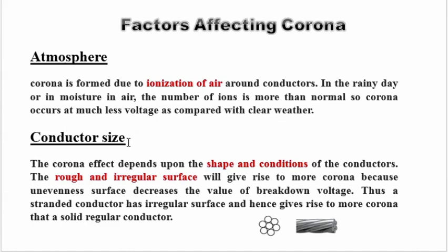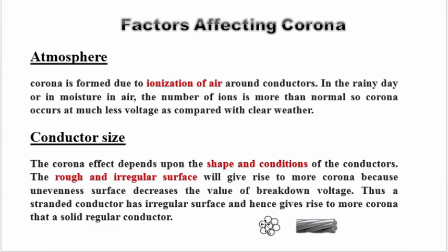Next we have conductor size. The corona effect depends upon shape and condition of conductors. If the conductor is rough and irregular, more corona will be produced, because uneven surfaces decrease the value of breakdown voltage. This again is represented in the figure.